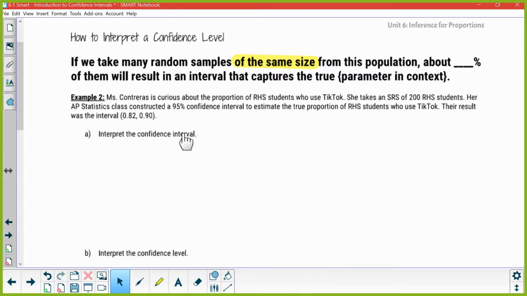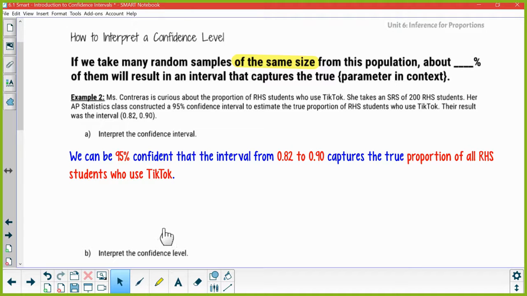This is again one of those common things that gets mixed up. It's asking for the interval interpretation here. So I'm going to say we can be 95% confident that the interval from 0.82 to 0.90 captures the true proportion of all RHS students who use TikTok. This is following what we just did on the last page, because it's asking for interval, not level.